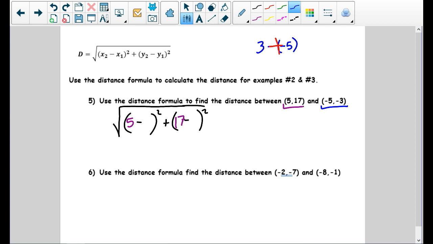So negative 5, the two negatives made that positive, right? Negative 3. And now I don't have double signs. I don't have to worry about changing signs because I changed them right when I put the point in. Okay, does that make sense?